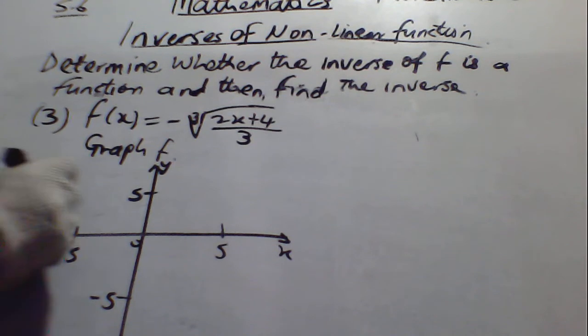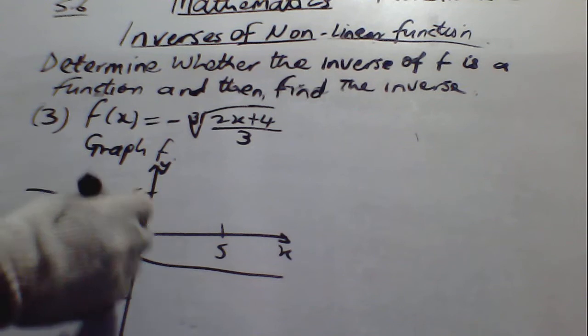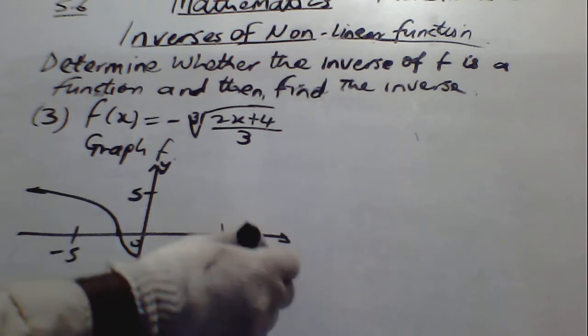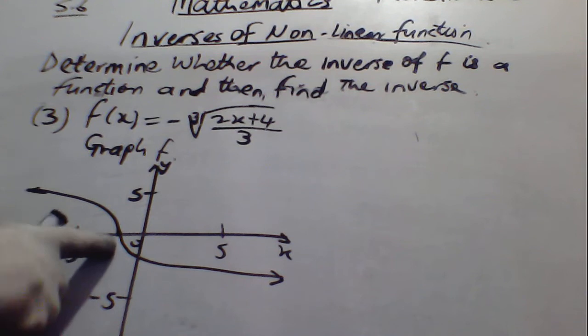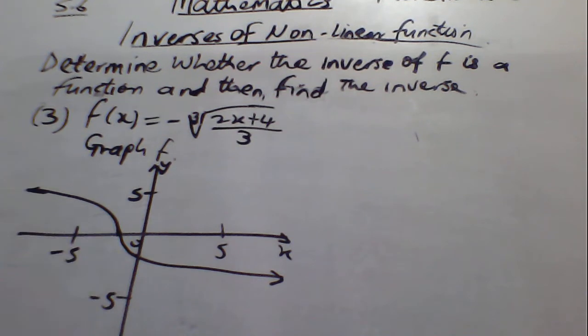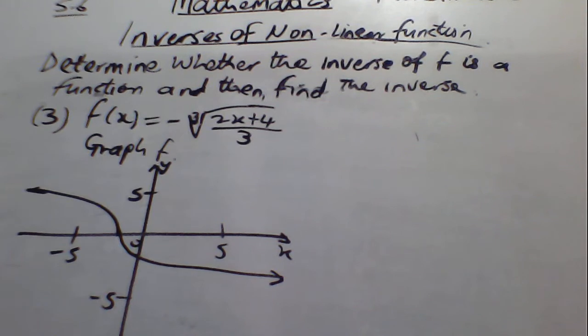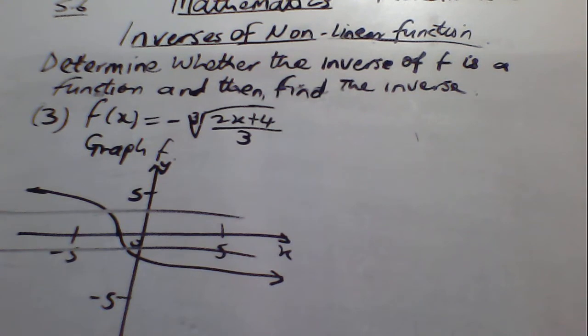In this case, this is how it's going to look, which means it intersects x somewhere here and intersects y at this point. Because it's a cube, this is how the graph is going to look. If you use the horizontal line test at any point, you see that it only cuts the graph at one point, not more than once.